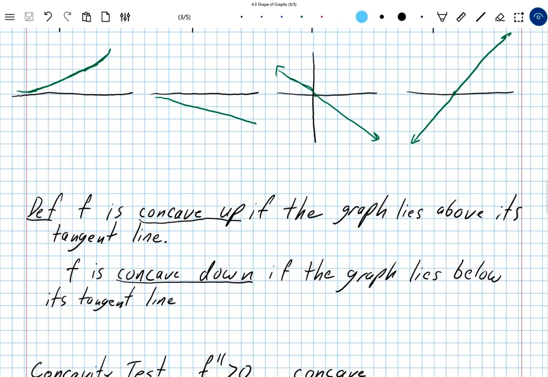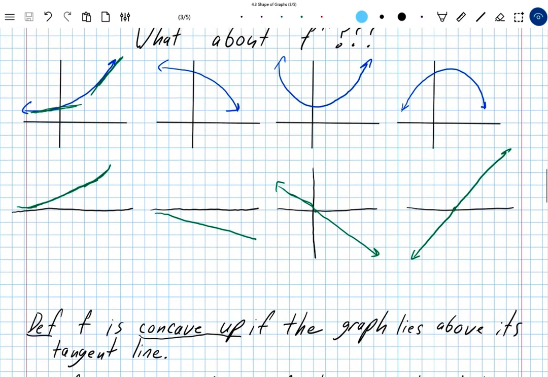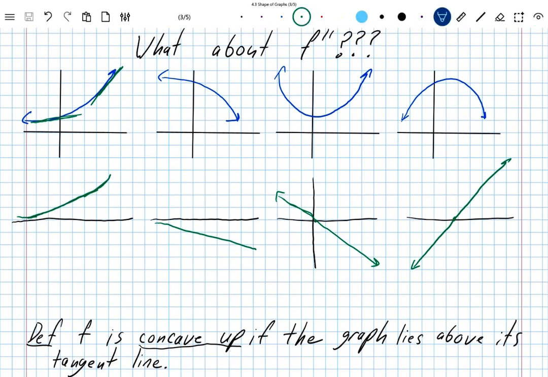So here's my definition. F is concave up if the graph lies above its tangent line, at least at a point. So if I go back up to this example here, this third example is concave up because its tangent line is always beneath it. Right? It is curving up away from its tangent line.